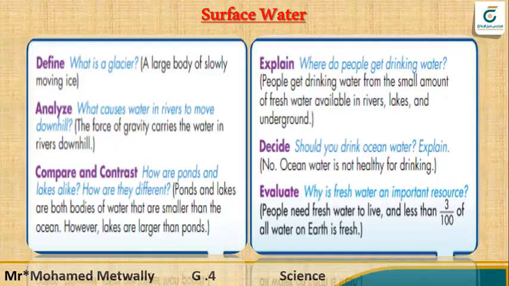It is available in rivers, lakes, and underground. By the way, the fresh water inside rivers, lakes, and underground needs to be treated to be drinkable. We can't drink water directly from rivers, lakes, and underground. We must treat the water to be drinkable and useful for us, so that it does not harm us.